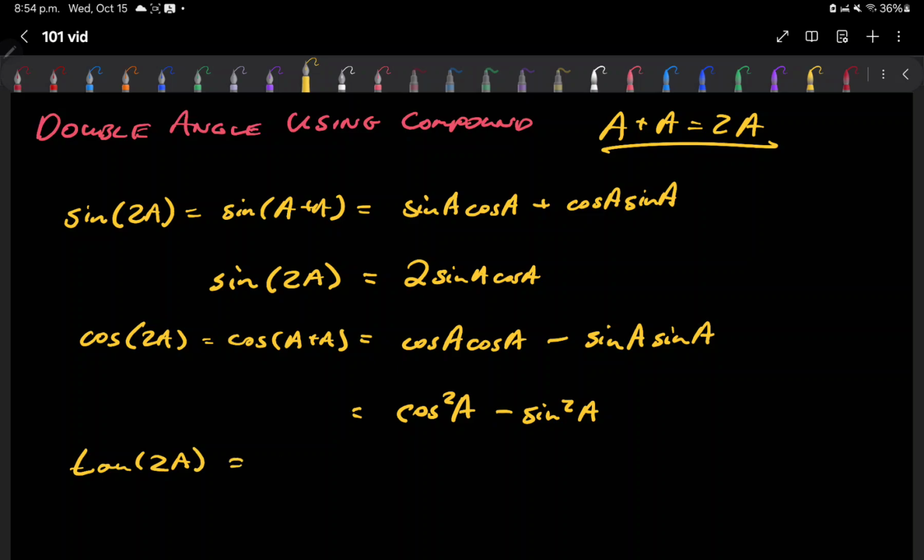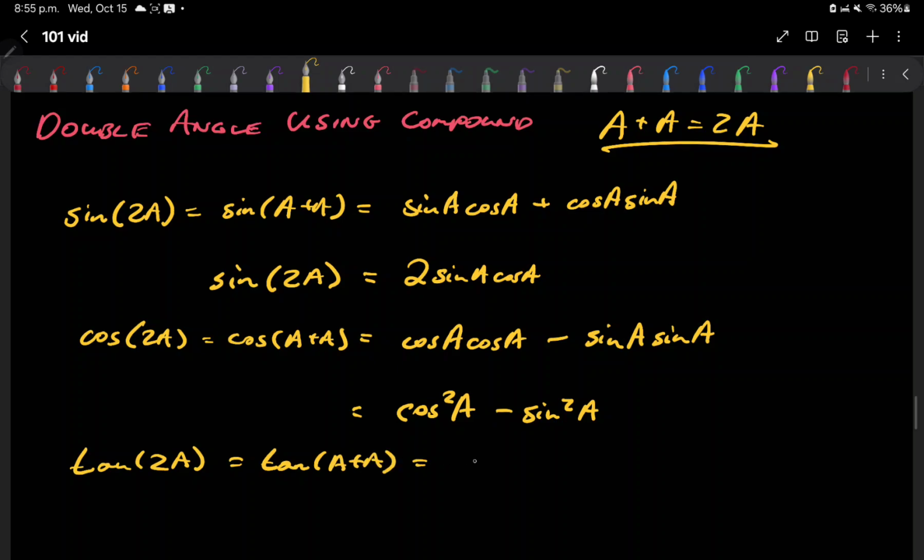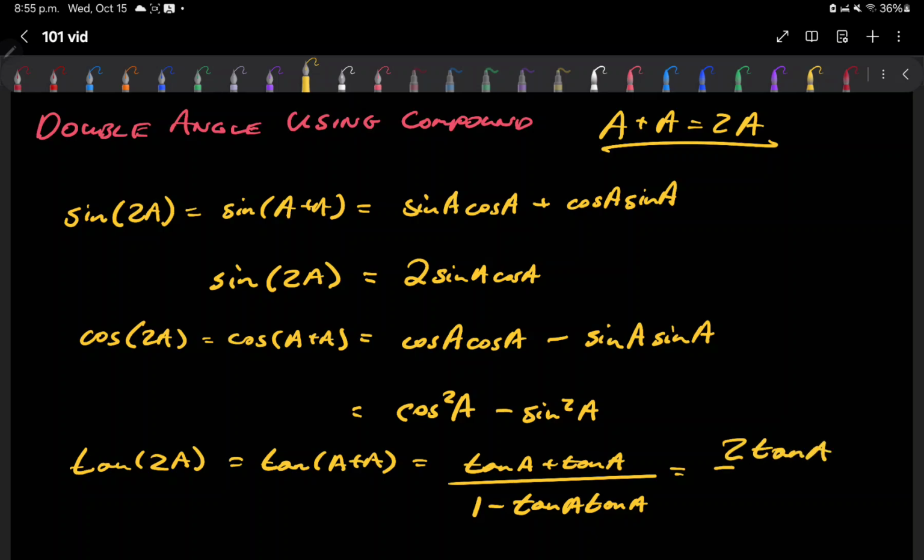I'm going to write it as tan of A plus A. For our tan A plus A identity, we have the tan of the first angle plus the tan of the second angle all over 1 minus tan of the first angle, tan of the second angle. This simplifies if you collect like terms on the top, 2 tan A over 1 minus tan squared A. So these are your double angle identities.